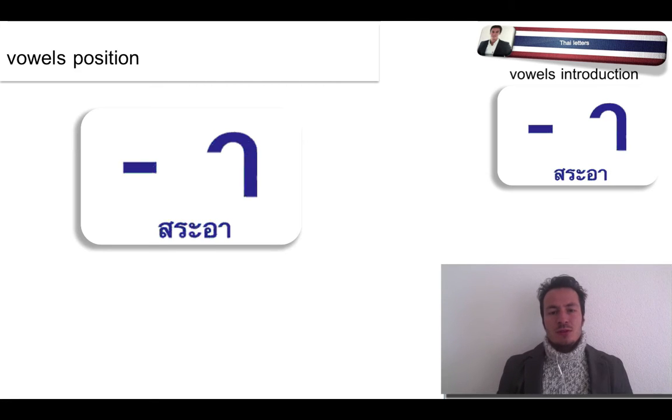If you want to write a vowel in Thai, you automatically need a consonant to which you can attach the vowel. This is the reason why we always have a stress mark when representing just a vowel without any consonant, just to symbolize at what position the vowel is attached to the consonant.